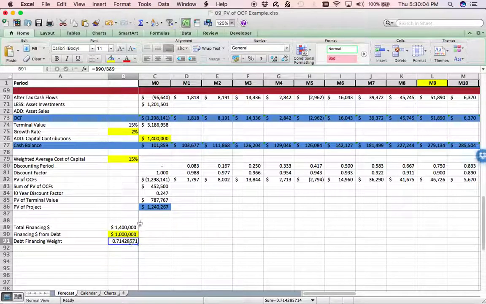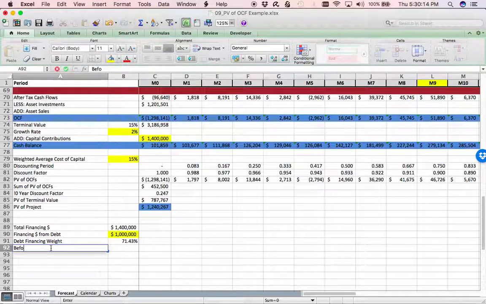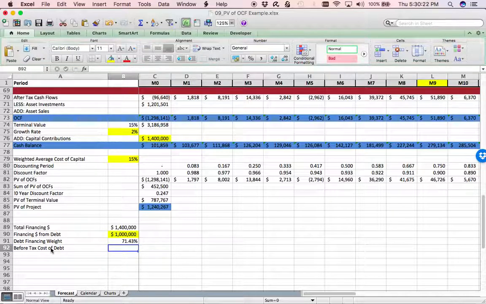So about 71.4%, something like that. Okay, and then the before-tax cost of the debt. This is whatever I negotiated with my investor, what percentage interest they said. So let's just say 9%.